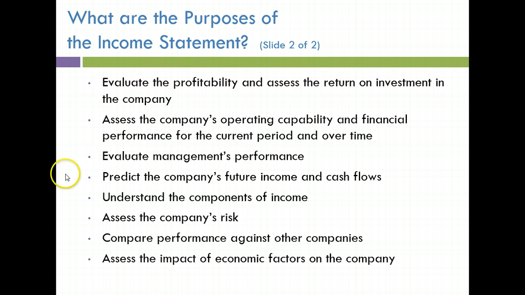We can also look at the income statement to see how has management performed. I mean, ultimately, management guides the decisions of a company. Management is the one that controls and runs the company. And so when there's profitability, who gets the benefit? Management. When there's poor income or losses, who takes the hit? Management.